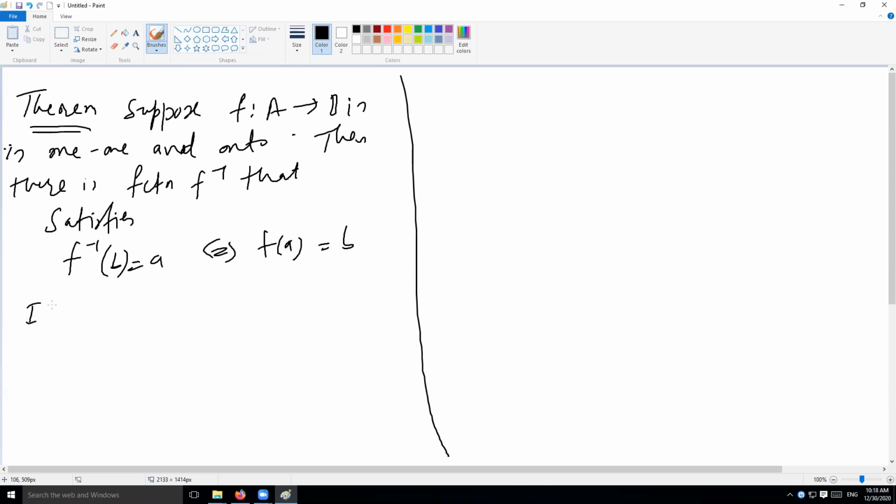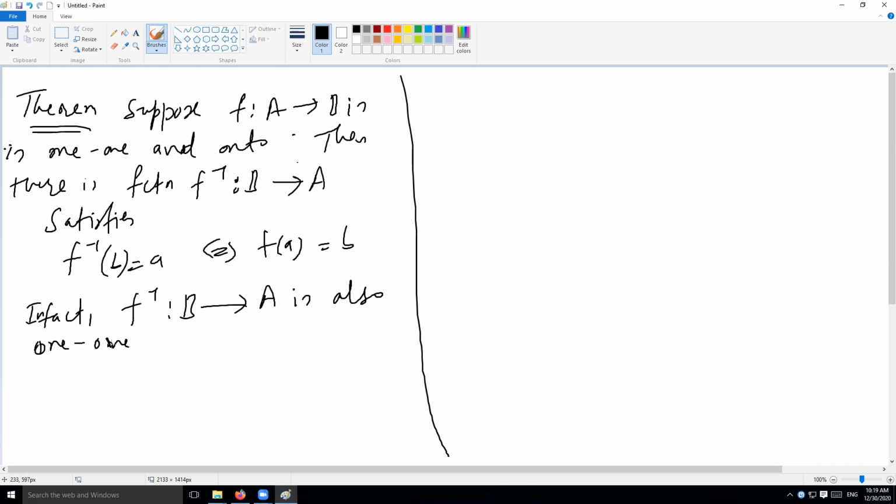In fact, this f inverse must be a function from B to A. In fact, f inverse from B to A is also 1-1 and onto.